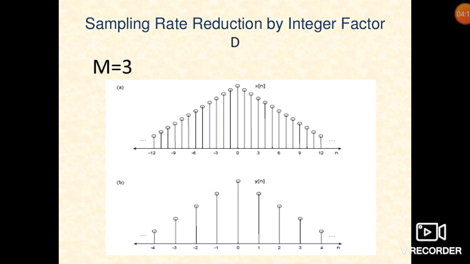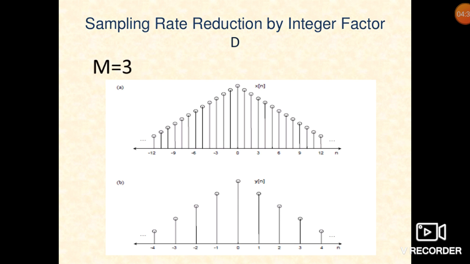To do this, I have to take D minus 1 samples. Here D is equal to 3, so 3 minus 1 is 2. In every successive sample, we have to remove 2 samples, so we have to discard 2 samples.